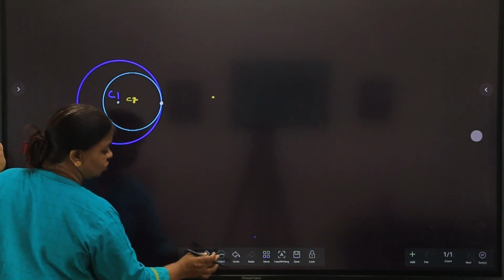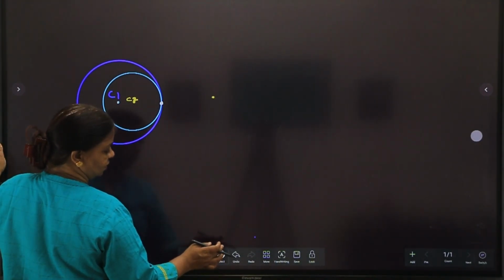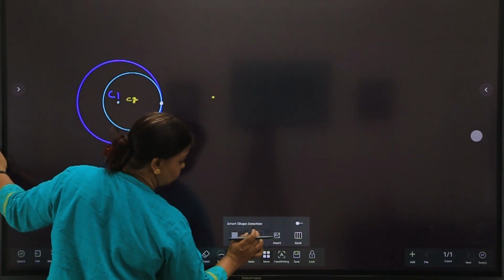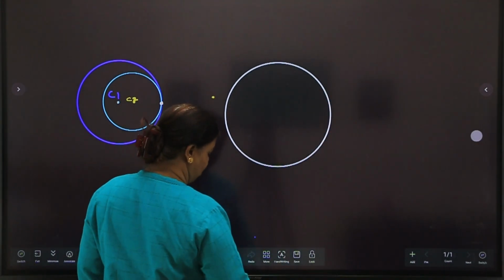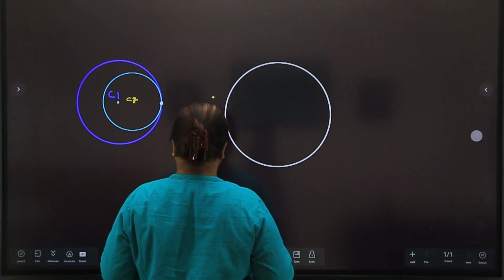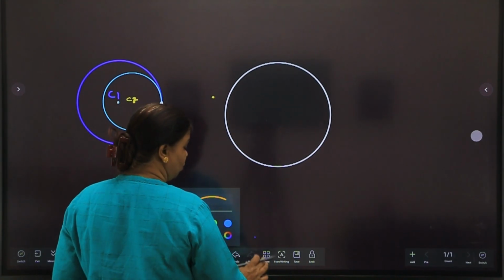Now suppose I take two other circles, one circle I have drawn and one more circle I am drawing.